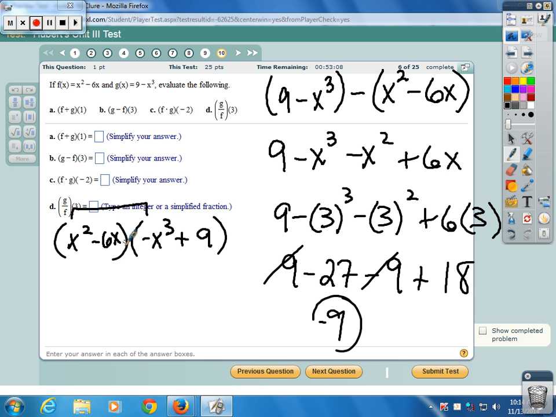Is that right? All right, so negative x to the 5th plus 9x squared minus the plus 6x to the fourth minus 54x. How about that?